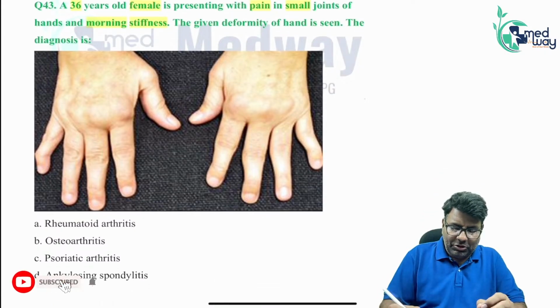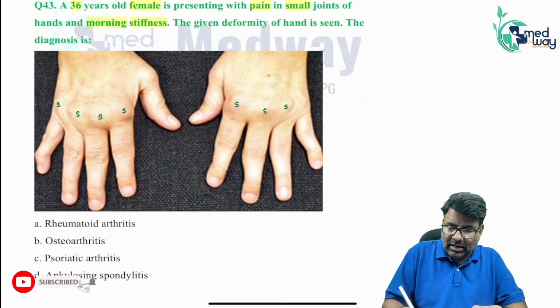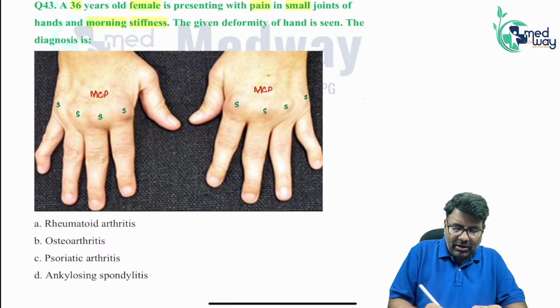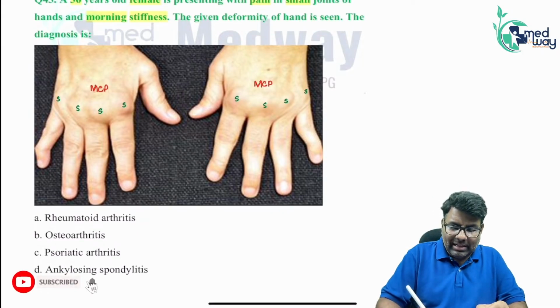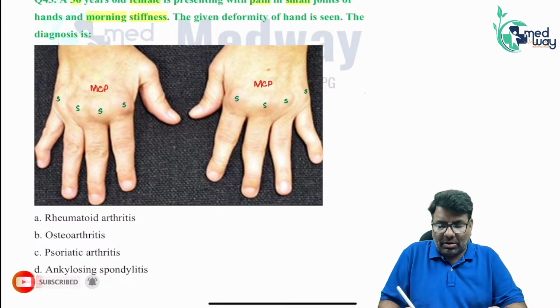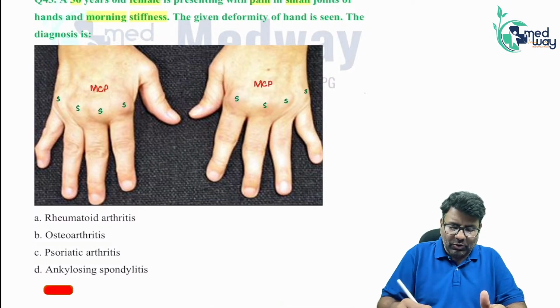Now what you can appreciate here, you can see swelling, and this area is actually the metacarpophalangeal joint. And what else you can notice here, you can see a deformity which is coming out into the fingers. So we'll take the words one by one.